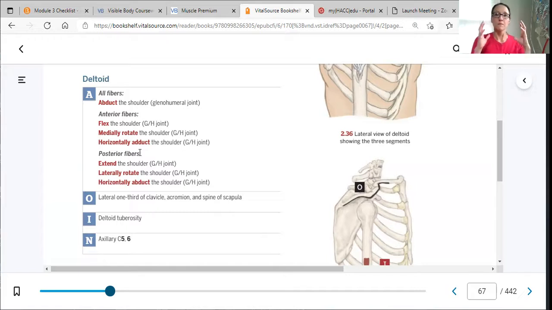So deltoid anterior and posterior fibers are antagonists to one another, which means they do opposite actions. So this is a muscle that is an antagonist to itself. So it's kind of unique in that way. So we have, for the posterior fibers, extension, lateral rotation, and horizontal abduction.